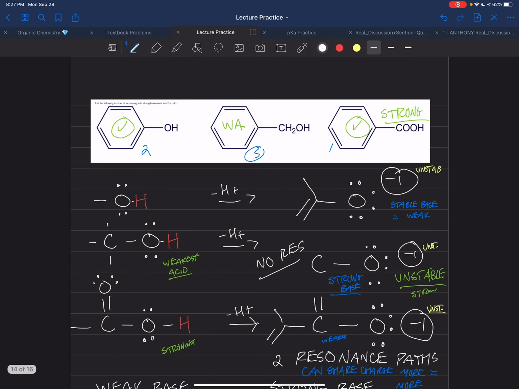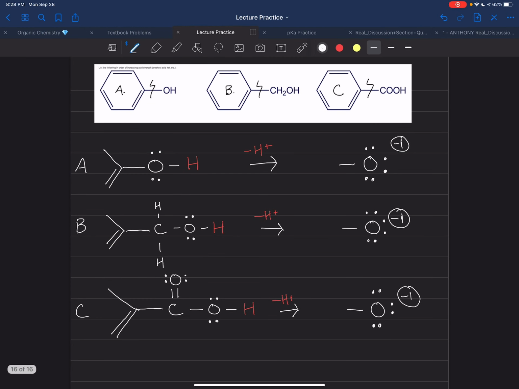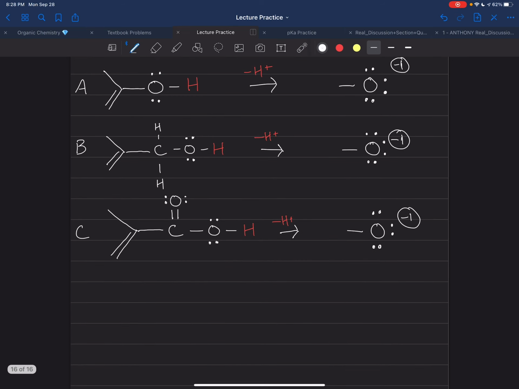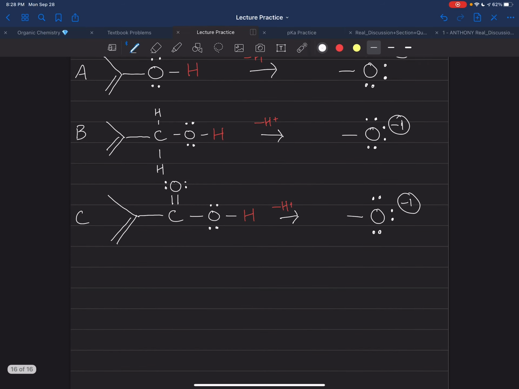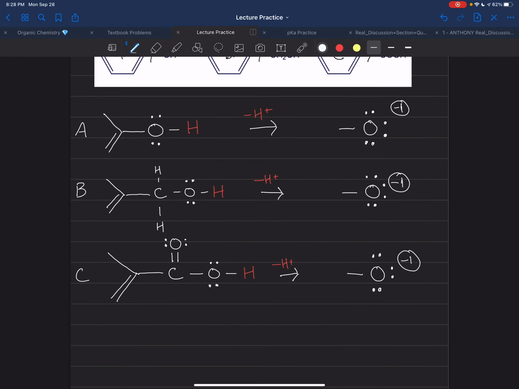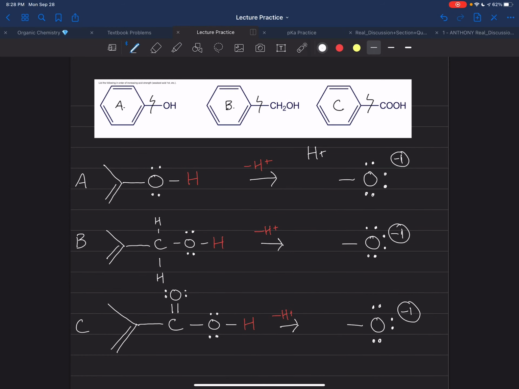Okay, so we are looking at the same thing here for each one, which means we need to go back a step further and see what's happening. Now, before we do that, we have a negative charge. If we have a charge on something, this O minus is going to be fairly likely to pick up an H plus just out and about and turn itself right back into its conjugate acid, right?